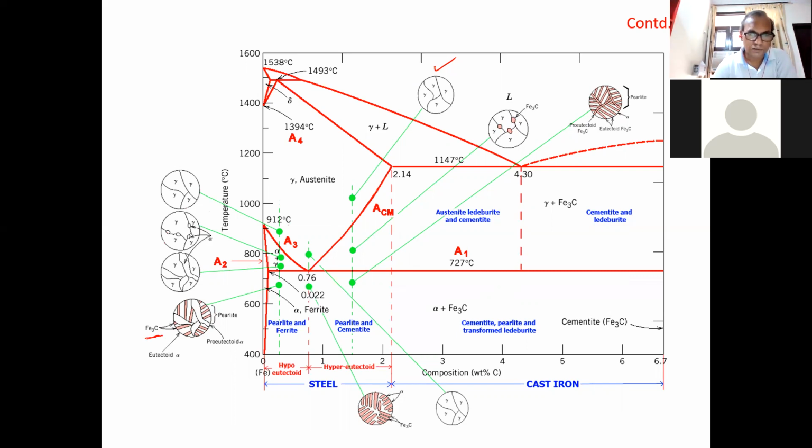And sometimes this is called proeutectoid. Where is proeutectoid? This structure is proeutectoid. This one, this is forming.